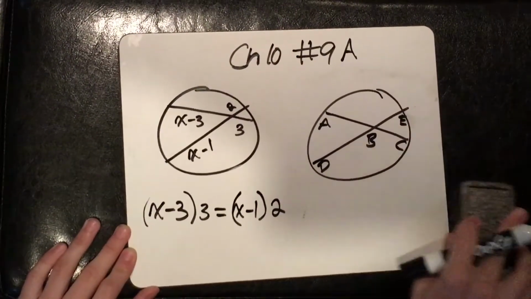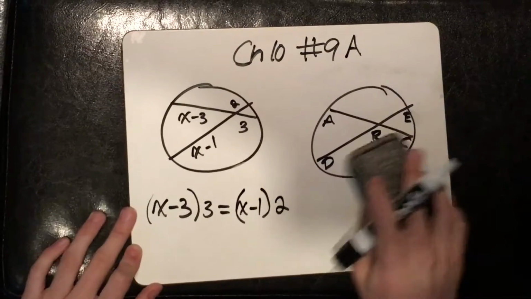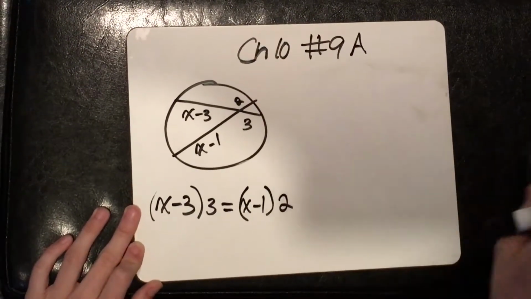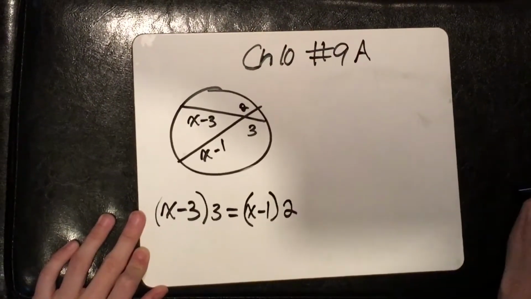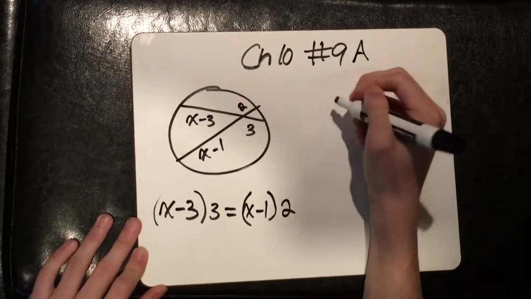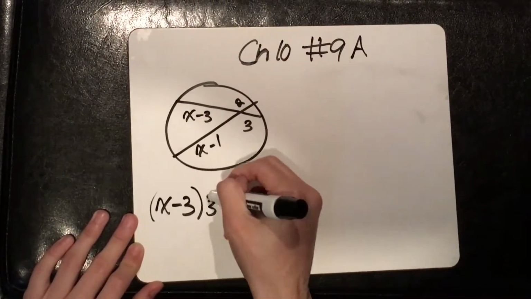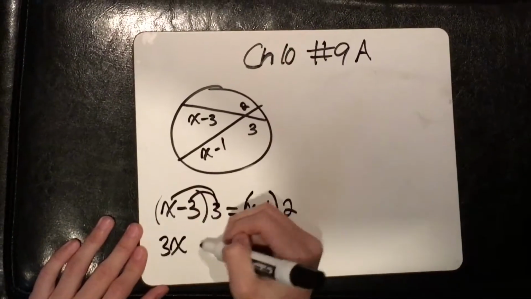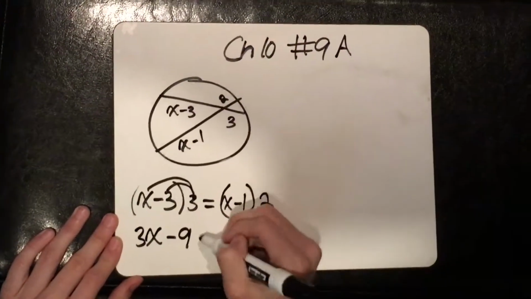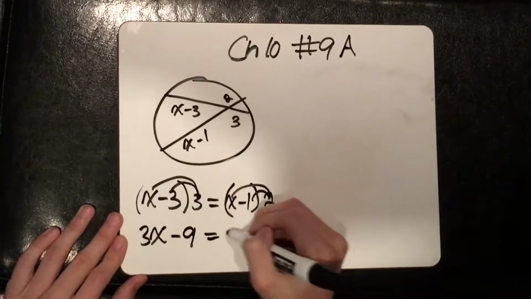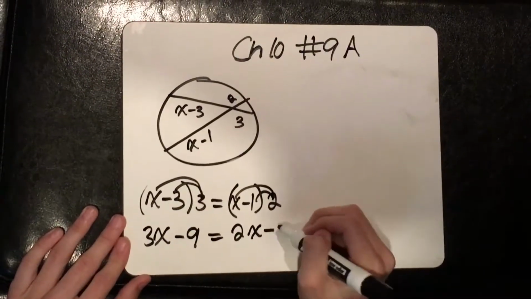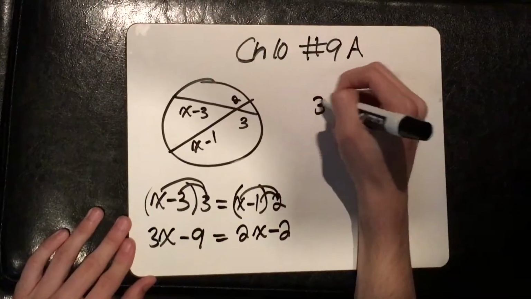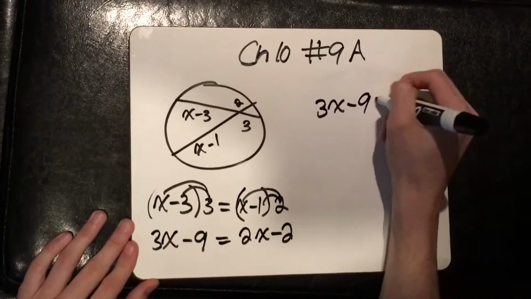And then to complete solving this, we would just go about a simple algebraic equation. So we would want to start out by distributing these numbers, so 3x minus 9 equals 2x minus 2.